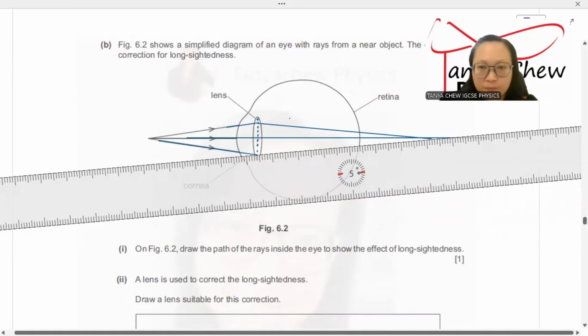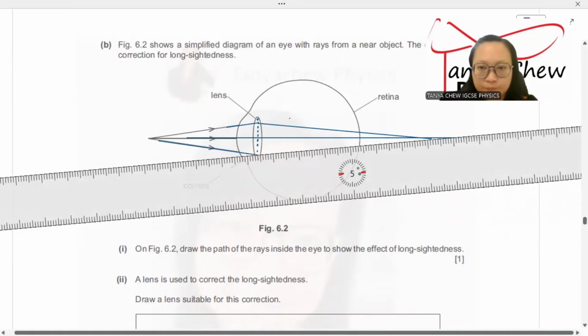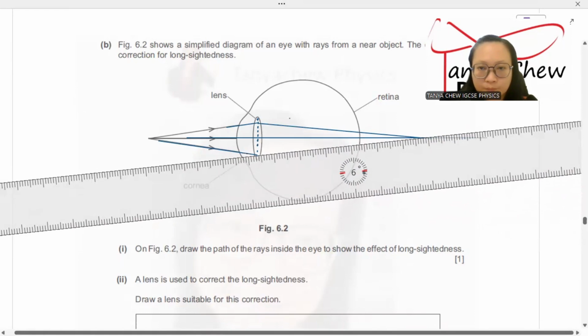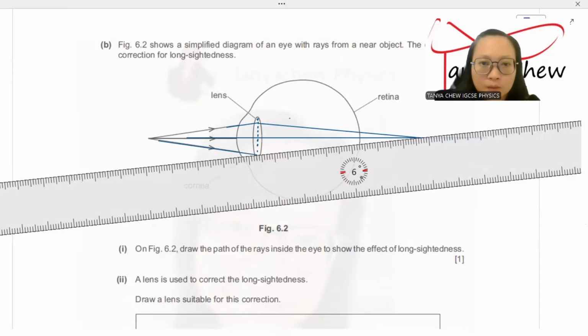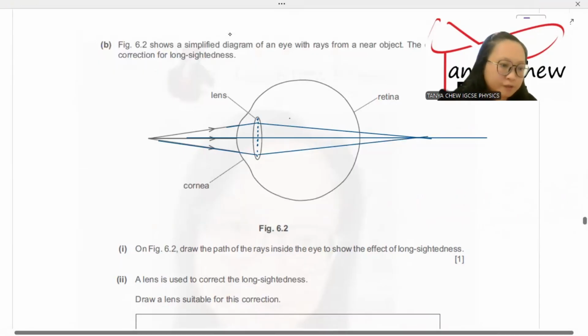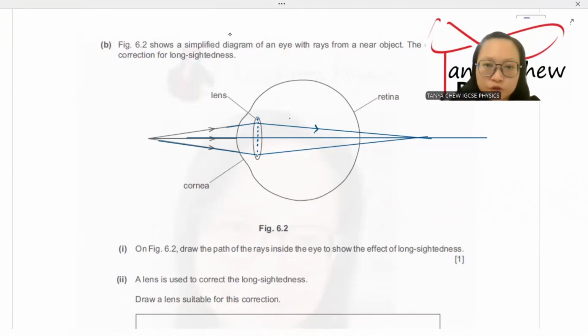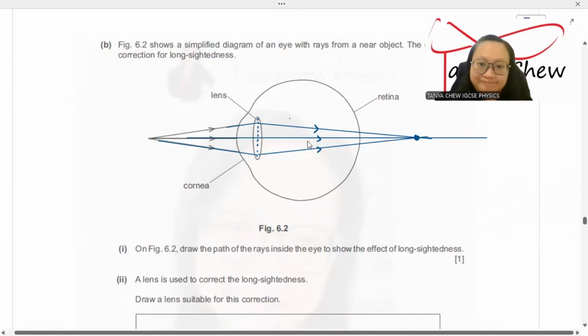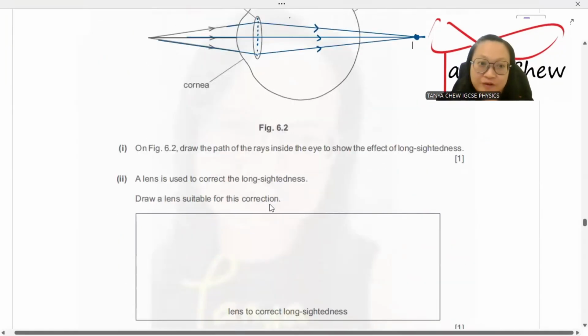Just draw it so that they meet at one point. Keep my ruler first. And then you have to show where the rays are going. So this is where the image is being formed, at the back of the retina.